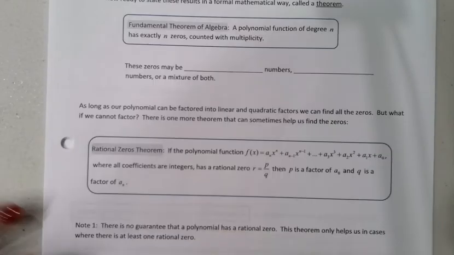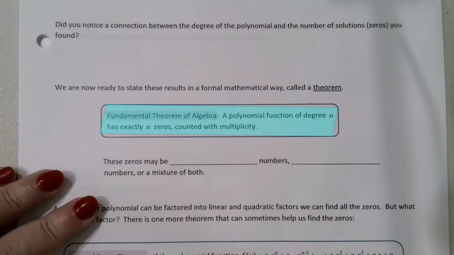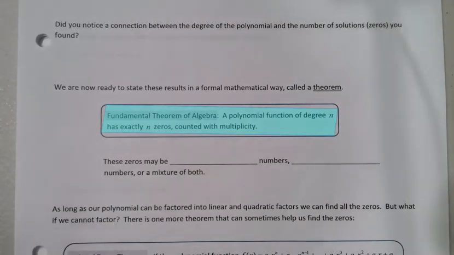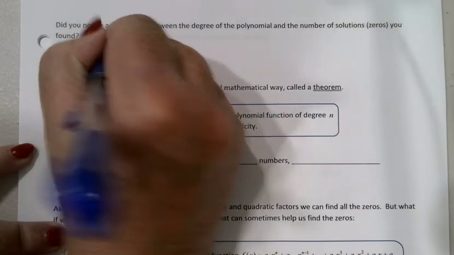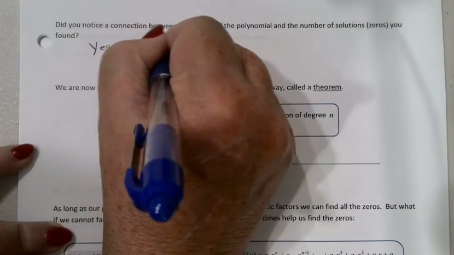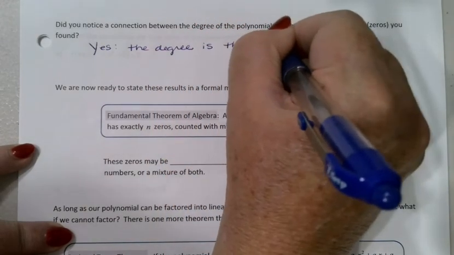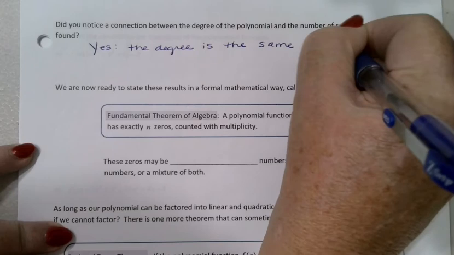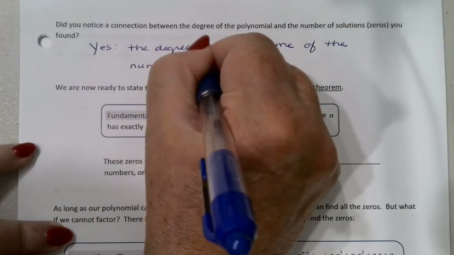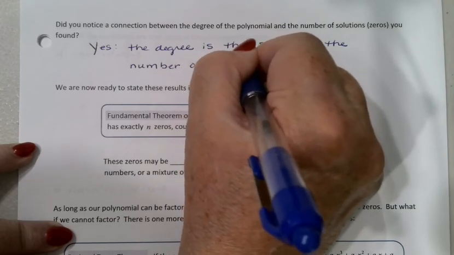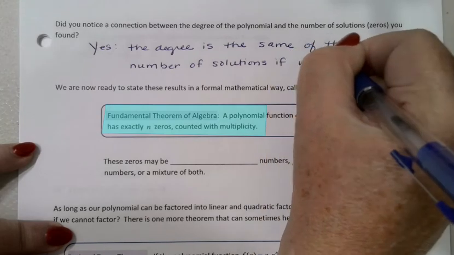So to answer the question at the top of the next page, did we notice a connection between the degree of the polynomial and the number of solutions or zeros that we found? Yes. The degree is the same as the number of solutions, if we count multiplicity.